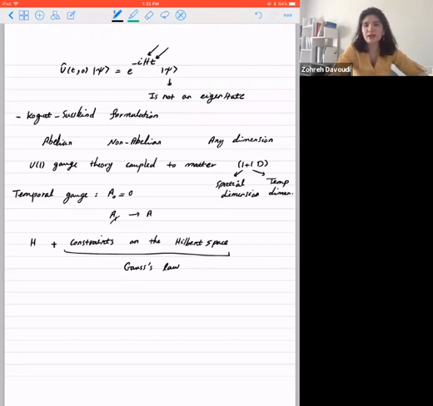Okay, now that we are in the temporal gauge in which A sub 0 is equal to 0 and there is only one gauge link, what could be the degrees of freedom to build the Hamiltonian from?